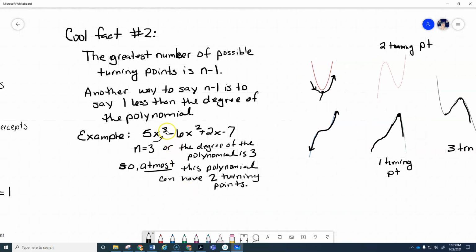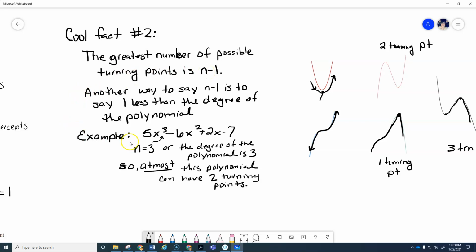So you look at the polynomial, the degree of the polynomial, and whatever the degree is, you take away 1 from that. So the degree of this polynomial is 3. That means that the graph of this polynomial can have at most 2 turning points. So the greatest number of possible turning points is n minus 1, where n is the degree of the polynomial.